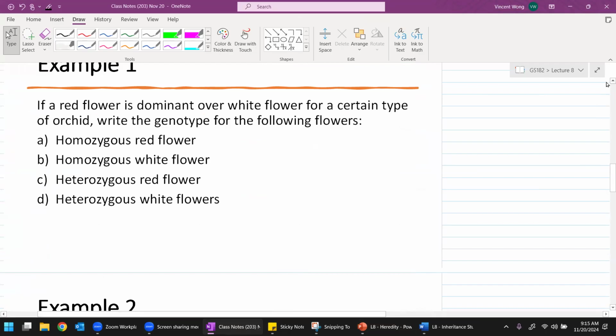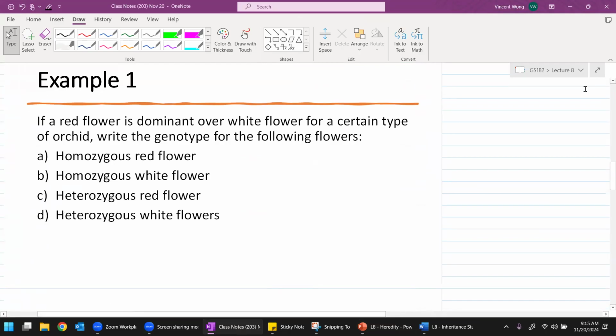I'll read it to you. If a red flower is dominant over a white flower for a certain type of orchid, write the genotype for the following flowers. Okay. So this question does not give you any letters. You have to make up your own.